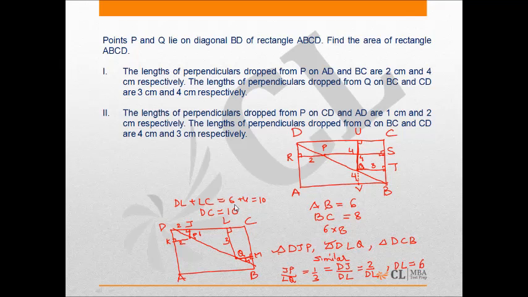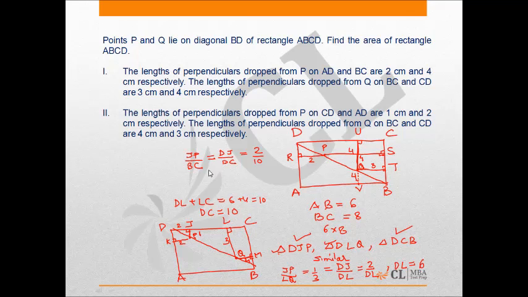Now we need to just figure out the length of BC. So now we are going to apply the similarity in the triangle DJP and triangle DCB. So what I can write is JP upon BC will be same as DJ upon DC.